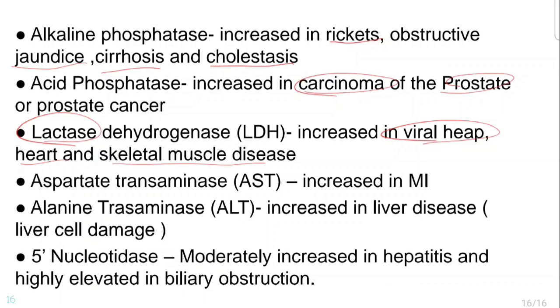Aspartate transaminase or AST increases in myocardial infarction. ALT or alanine transaminase increases in liver diseases. That's why this is usually used for the liver function test. And then 5' nucleotidase is moderately increased in hepatitis and elevated in biliary obstruction.